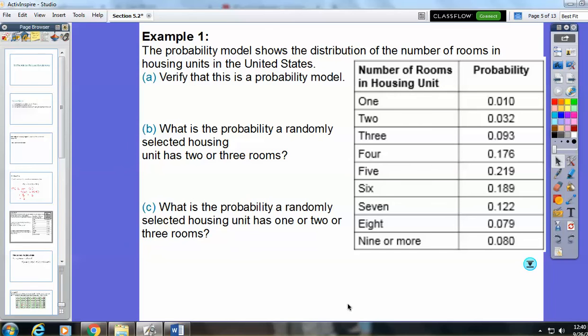So, part A, verify it's a probability model. If it's a probability model, every probability has to be between 0 and 1, which it is. And what was the second requirement? Alright, add them up and make sure it equals 1.